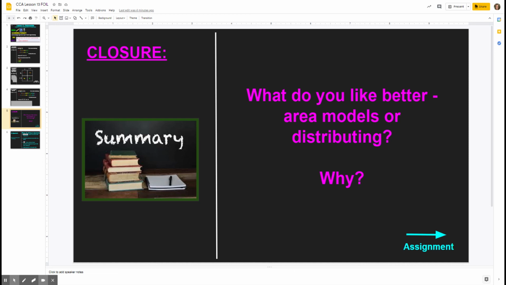So again, here's the thing, do whichever method works best for you. There is no judging on my end. I want you just to make sure that you are comfortable with the process that you are choosing to do. And of course, I want you to get the final answer correct, right? So, oh, you like them both. If I made you pick one. No, I'm kidding.